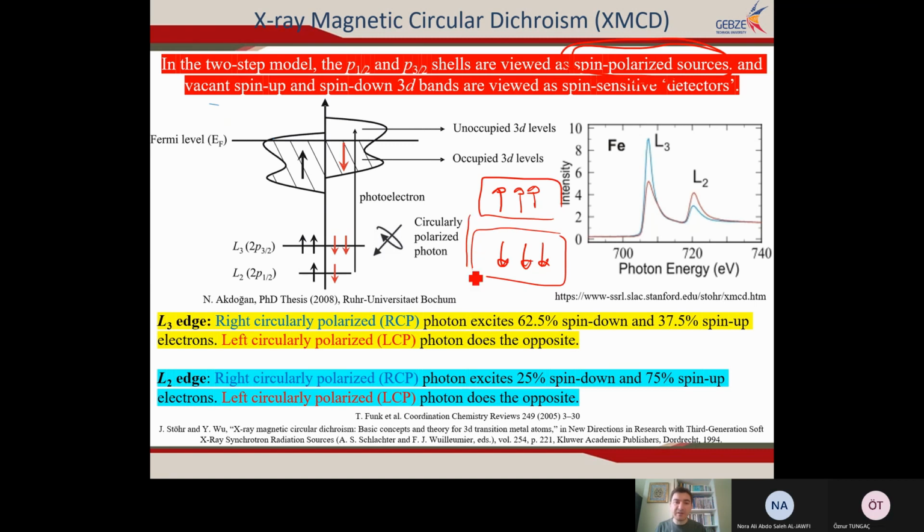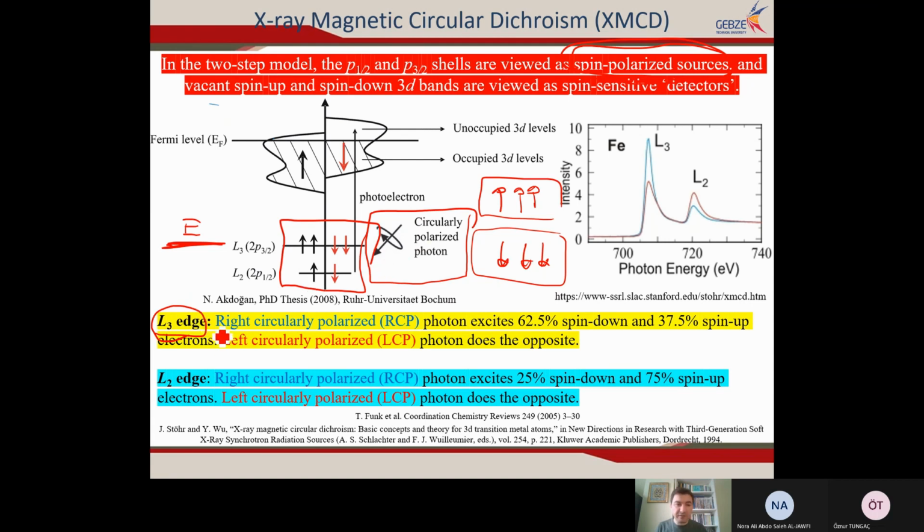But what happens if you send circularly polarized light to the 2p level of the elements? If you send circularly polarized light to the L3 edge, this level, so you select the incoming photon energy. You can do this one with the monochromator in the beamline. You select this energy, so this level has certain energy depending on the element, and then you send circularly polarized light.